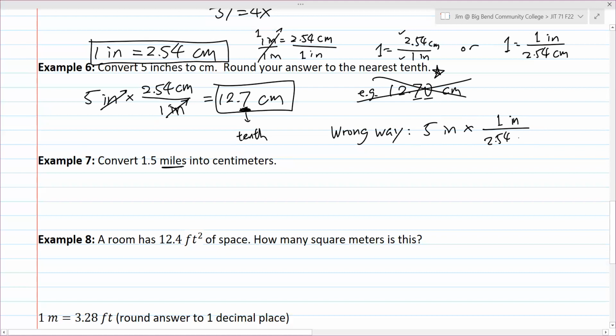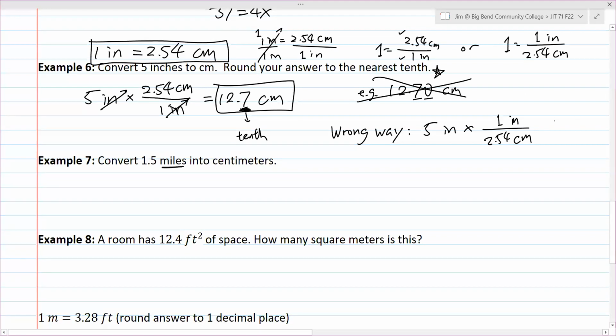Why don't I use 1 inch over 2.54 centimeter? All right, I'll test your knowledge. Pause the video and think about it. Why is that so? Again, that is incorrect. Why? Think about it.